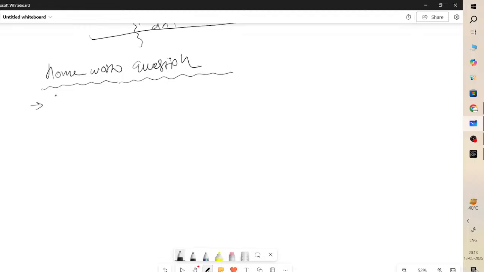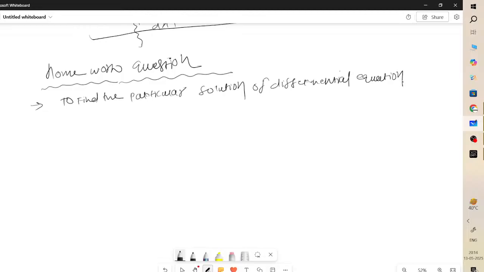To find the particular solution of the differential equation minus y square (1 plus log x) dx plus 2xy dy equals 0.